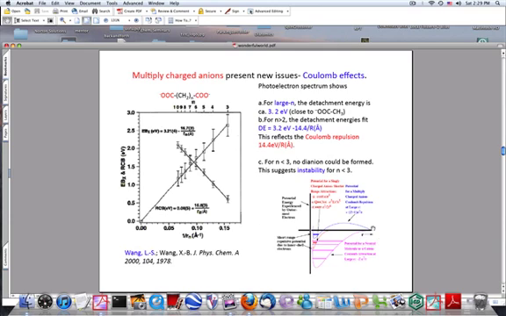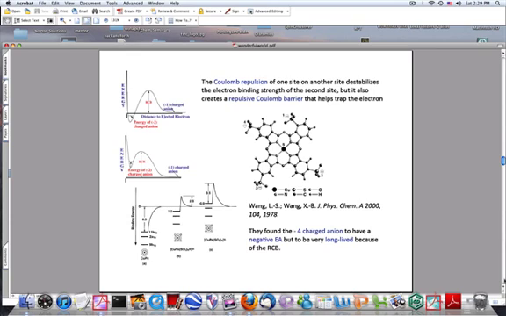And that's indicative, remember, of this plot I talked about earlier for multiply charged anions. If you're that electron and there's a very short spacer in here and you feel this negative charge over here, you feel a repulsion until you feel an attraction that binds you. But if that repulsion is too strong, that bound state might actually be pushed up above 0 and may not even be bound anymore.